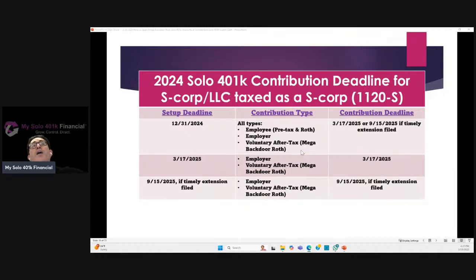But there's still time to set up a plan and make either employer or voluntary after-tax contributions, which is how you make mega backdoor Roth contributions, as long as you set up the plan in time to make those contributions by your 2024 business tax return deadline, including extension. So March 17th or September 15th if your business is taxed as a partnership or an S Corp, or April 15th or October 15th if your business is taxed as a C Corp.